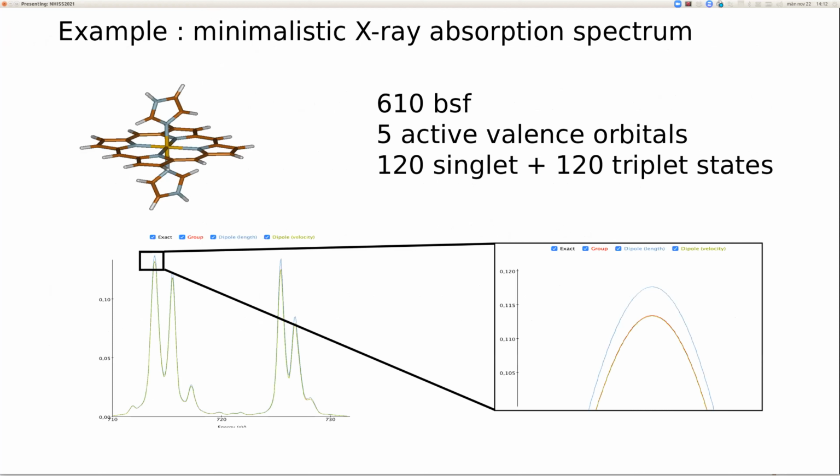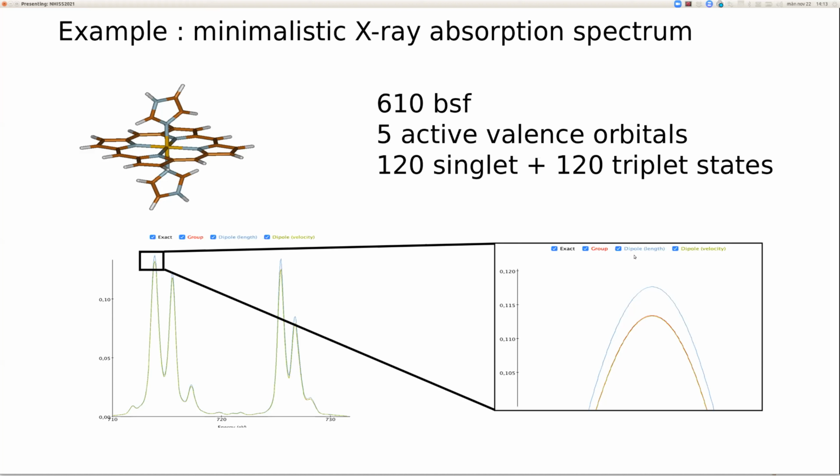So here I have as an example a molecular system, with a rather large number of basis sets. And here we can see the different spectra we get using the exact operator, the line in black, and the red, where we use just one representative K vector. And here with blue is the dipole operator, and the green is the velocity operator.